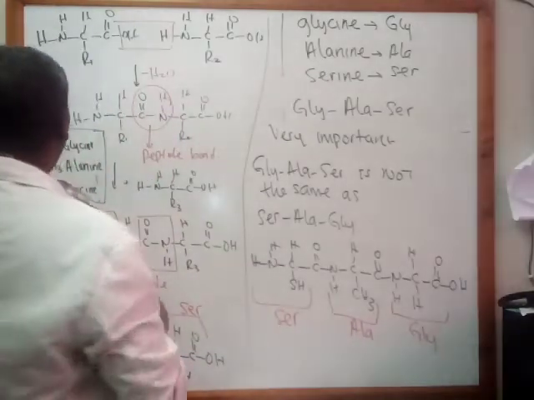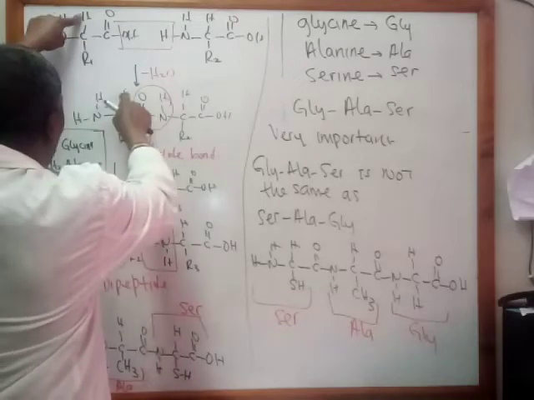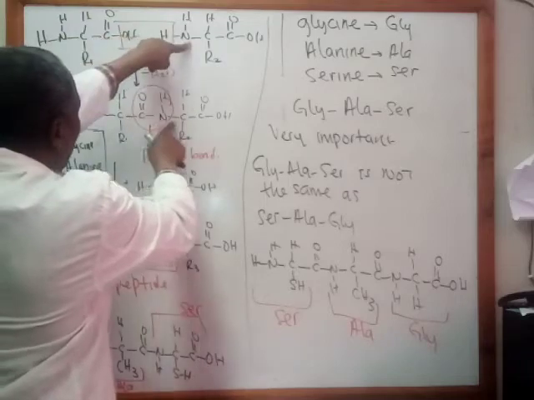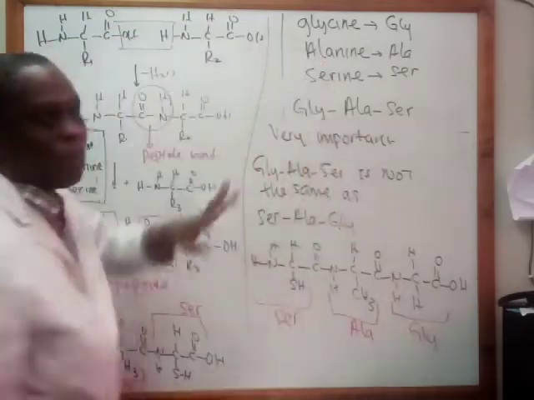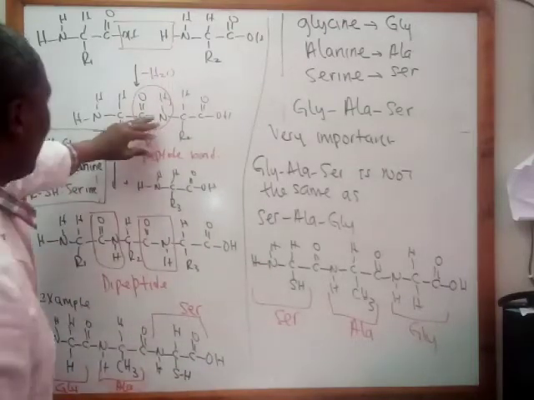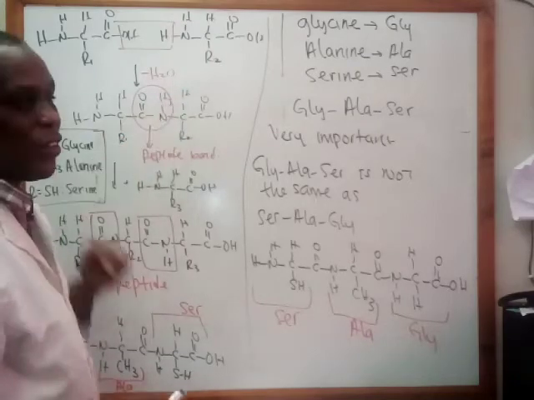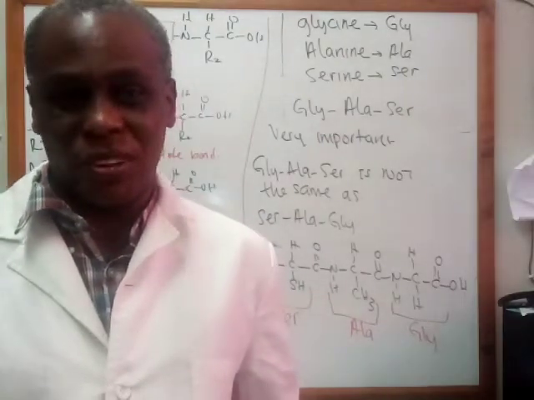Can you see this N, this H, hydrogen, R1, this carbonyl group will remain the same. This other part, NH, C, hydrogen, R2, all the other parts will remain the same. Nothing else will change except that you are forming a peptide bond with the loss of water. So this kind of reaction is called a condensation reaction.